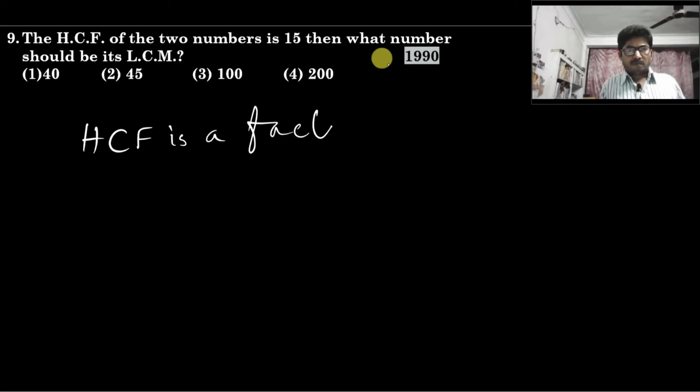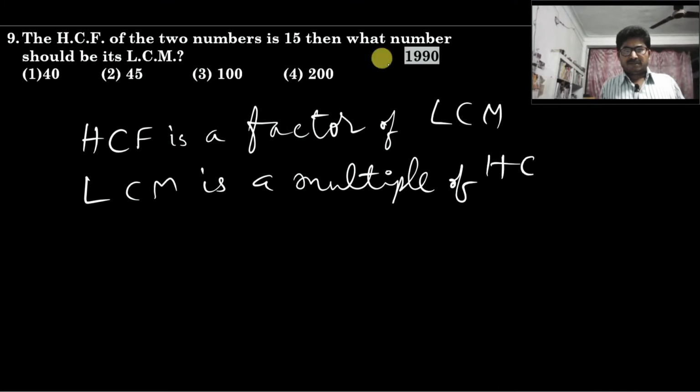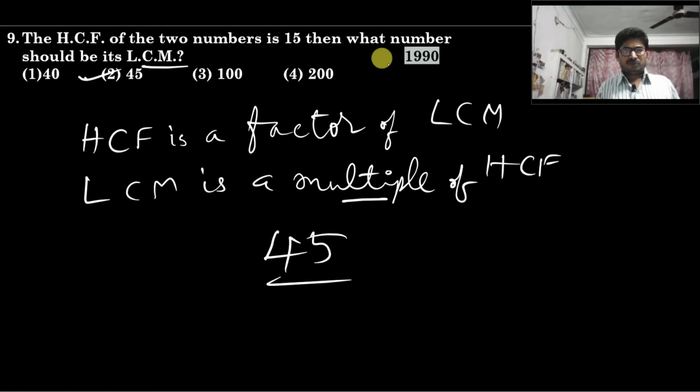HCF is a factor of LCM. So LCM is a multiple of HCF. So we have to find LCM. LCM is a multiple, so a multiple of 15. What is a multiple of 15? So 45. So 45 is a multiple of 15. So that's why option 2 is correct.